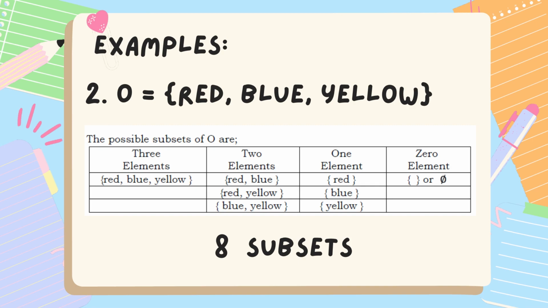So we have red and blue, red and yellow, and blue and yellow. Then we write the elements individually. We have red, blue, and yellow. Lastly, do not forget the empty set. So we have 8 subsets.